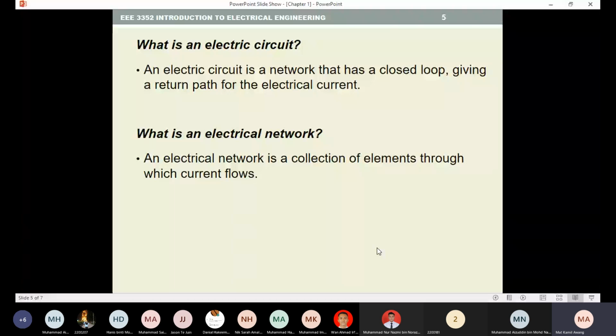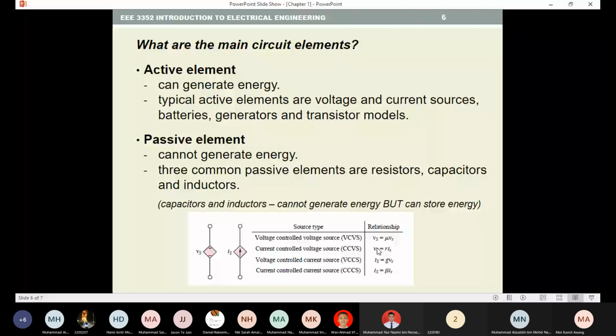Then you have the resistors, inductors, and capacitors. Those are the elements. These are what we call the elements of the electrical network. So these are the main circuit elements. The elements you can divide into two: active elements and passive elements.